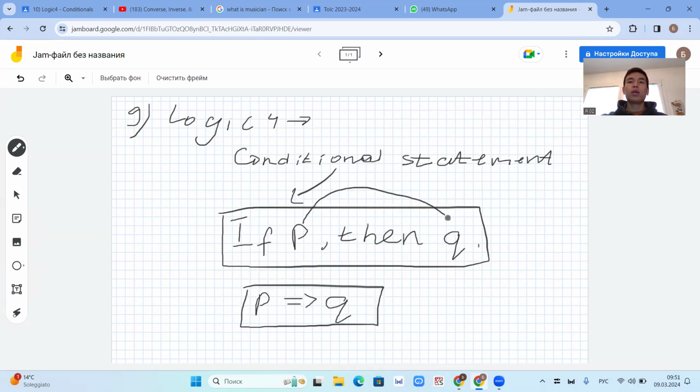So P implies Q. In our case, P is a hypothesis, and Q is a conclusion.